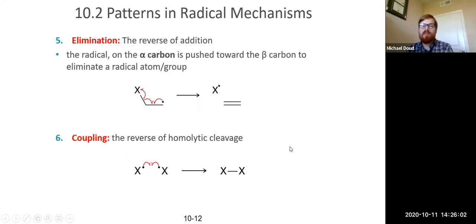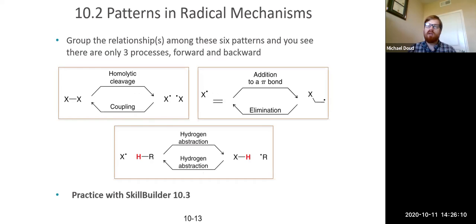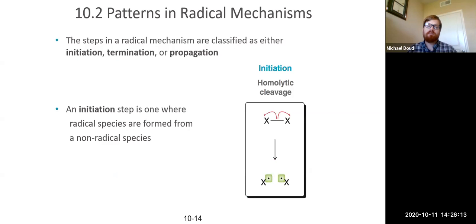So I know these mechanisms look kind of scary when you see all the different arrows, but remember we have to write in more arrows because we're following individual electrons around rather than pairs of electrons. Okay, so next up, in a radical mechanism, we're going to have three different phases. You've got the initiation phase, the termination phase, and the propagation phase.